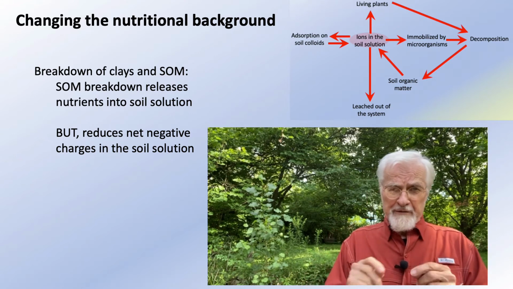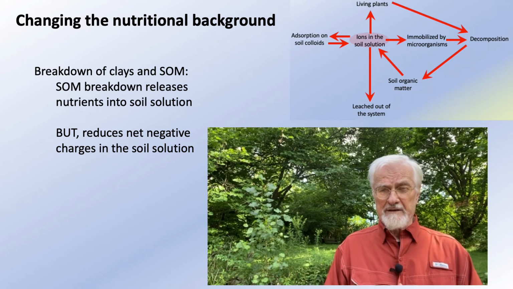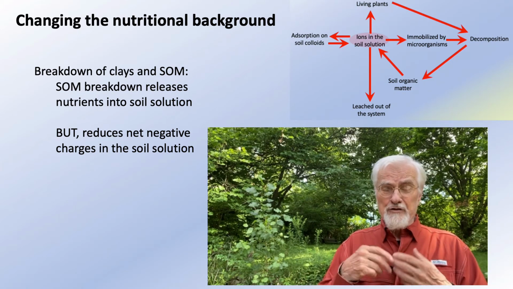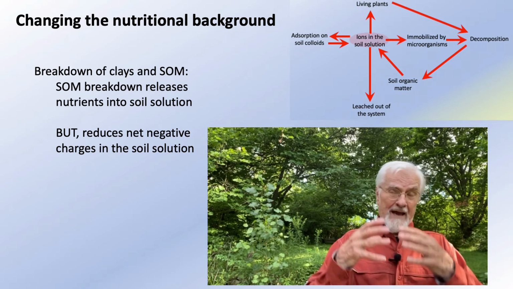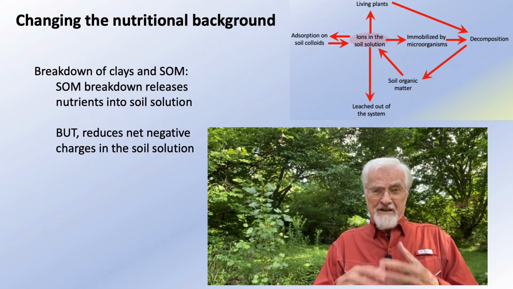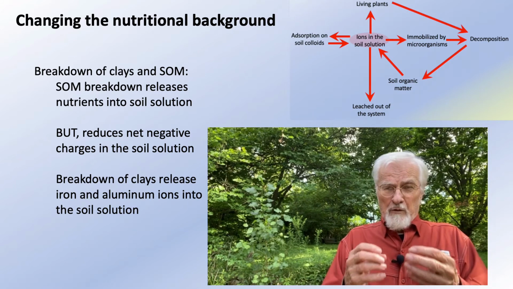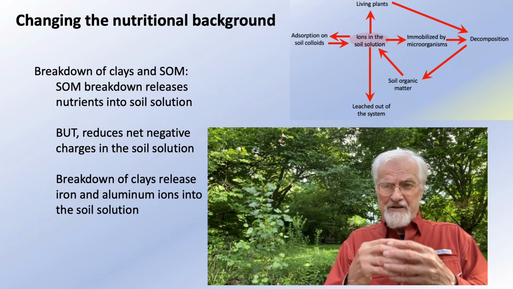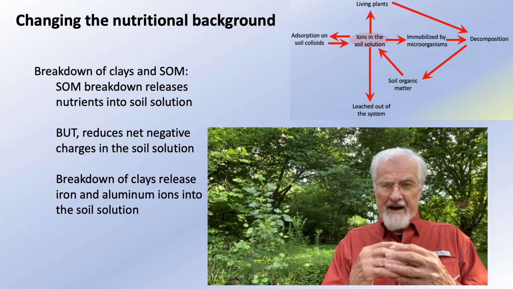But one other thing associated with the changing environmental conditions that I would like to mention is that as the soil colloids, as the crystalline clays break down, the crystal structure almost always contains quite a lot of aluminum and iron.